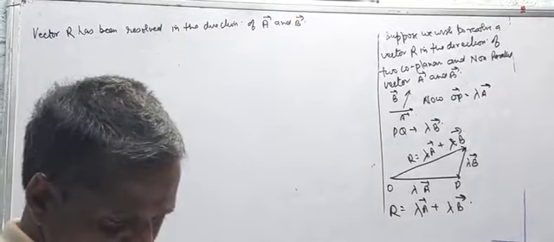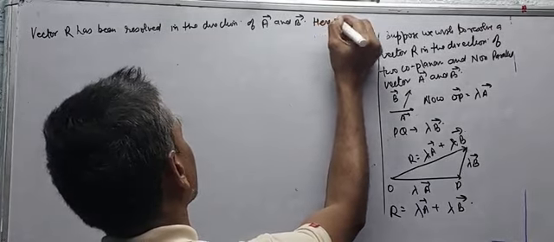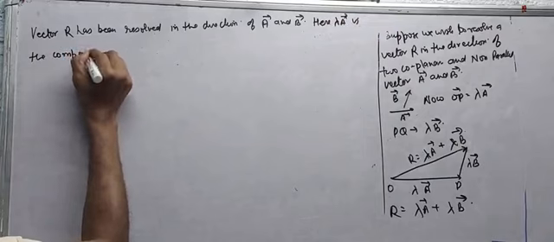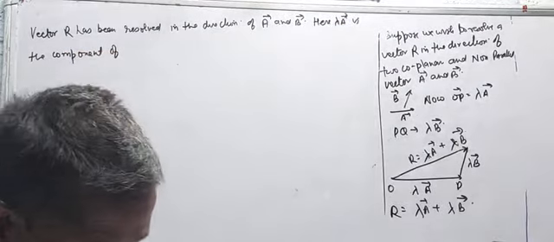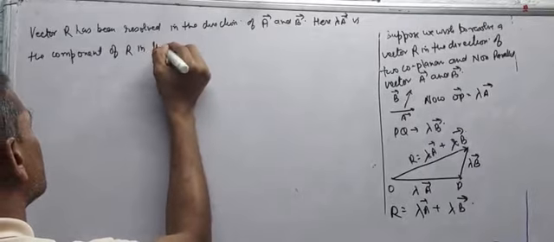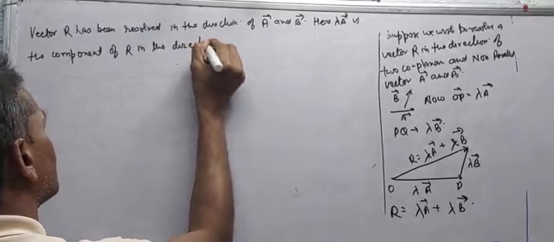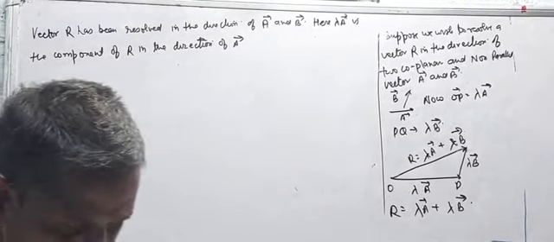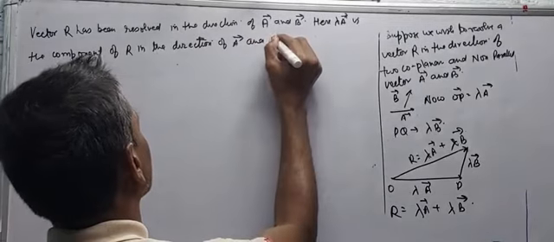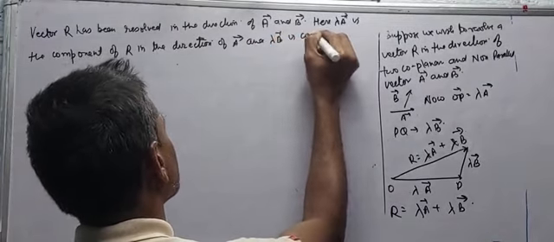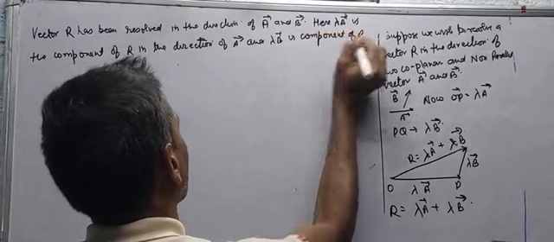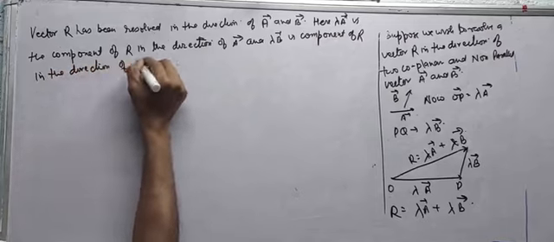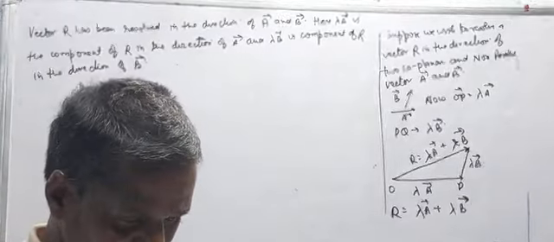Here lambda A is the component of R in the direction of A, and lambda B is the component of R in the direction of B vector.